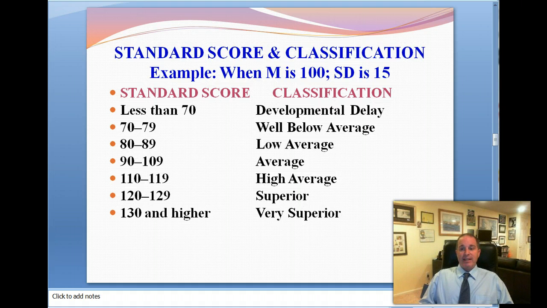This places Billy in the average range of intelligence when compared to the norms for his age group. If you were to read in a report, on the Wechsler Intelligence Scales for Children, 4th edition, Billy received a full-scale IQ score of 123. This places him in the superior range of intelligence when compared to the norms for his age group.